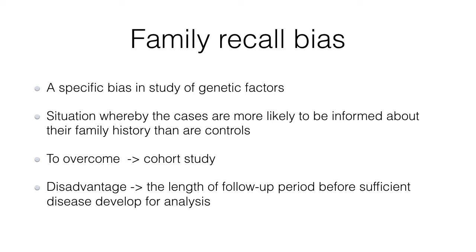It is a situation whereby the cases are more likely to be informed about their family history than the controls. To overcome this, a cohort study may be conducted. However, the disadvantage of the cohort study is that the length of the follow-up period before sufficient disease has developed for analysis could be long.